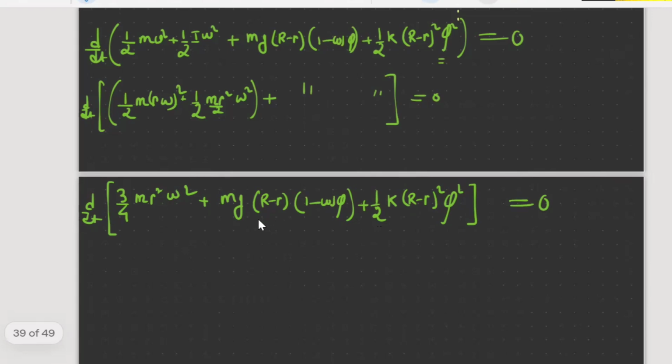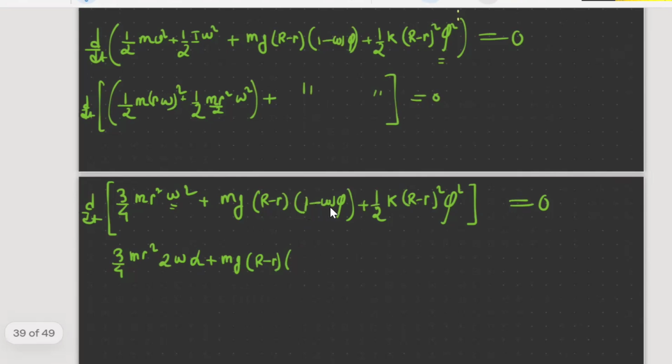Now we can directly differentiate. Now we'll come to the differentiation part. So 3/4 m r square is constant, omega is varying. The differentiation is going to be 2 omega d omega/dt, and d omega/dt is alpha. Then mg into (R minus r), all are constant, and 1 is also constant.